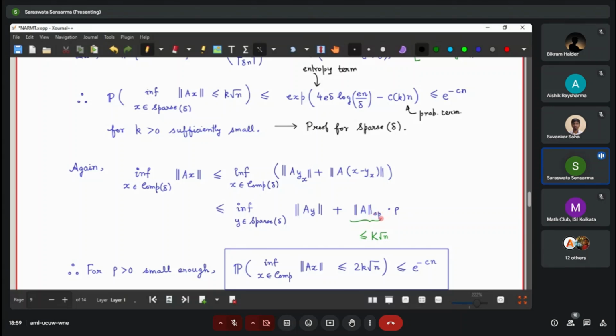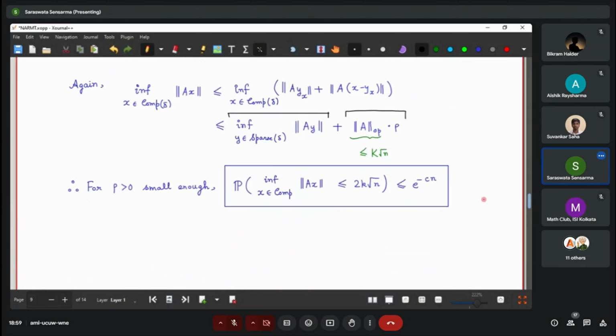And also remember, we have bounded this guy previously. We have shown that with very high probability, with exponentially large probability, this guy is less than some k root n. So if I take rho to be small enough, I can take this entire term to be less than this entire term, in which case I would get this result. So we are basically looking at this guy being less than k square root n, and this guy.